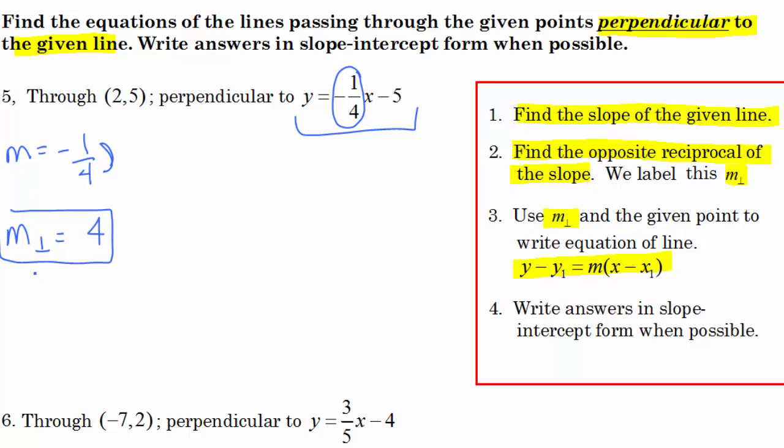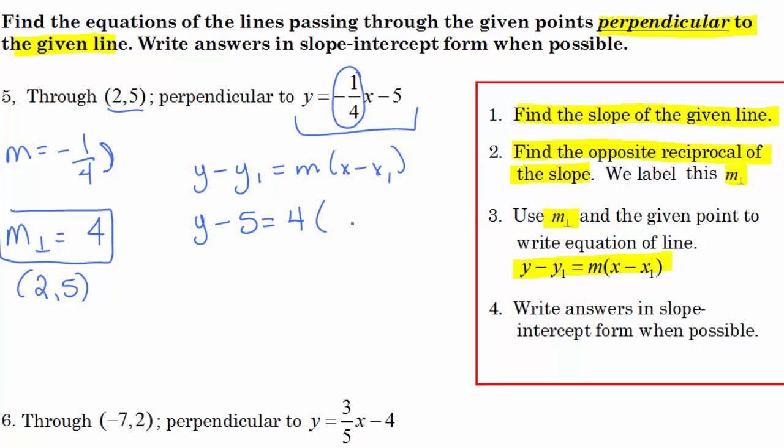So I want to use this slope and the given point. So y minus 5 equals 4 times x minus 2. Again, no fractions, so I'm just going to distribute. And now I'm going to add 5 to both sides.